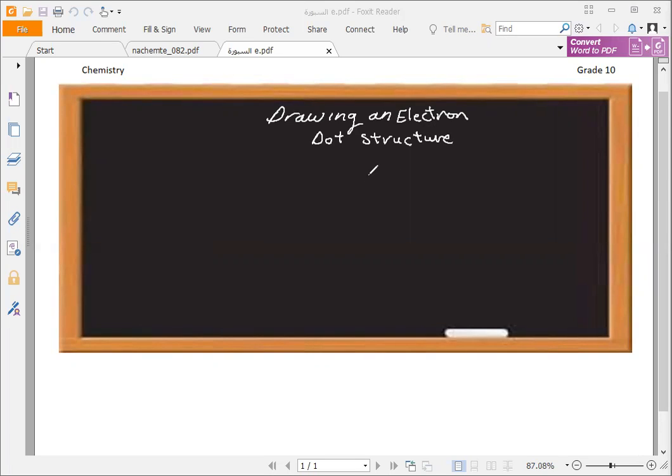In this lesson, we are going to study how we can draw an electron dot structure for different molecules.